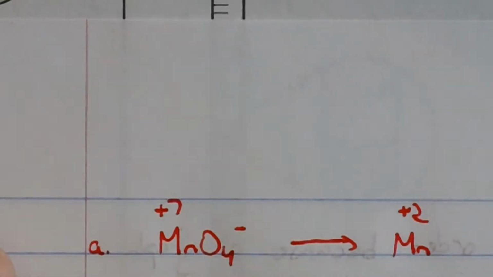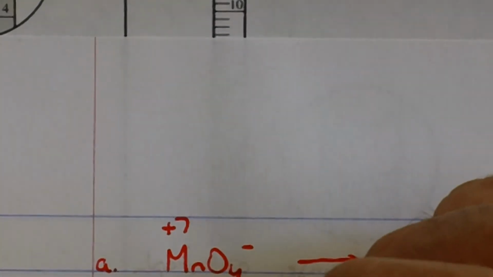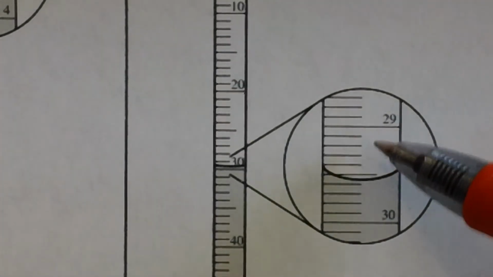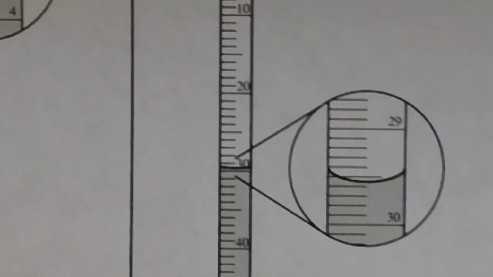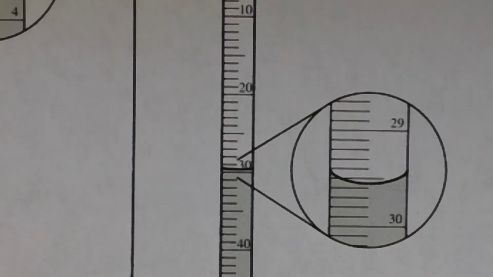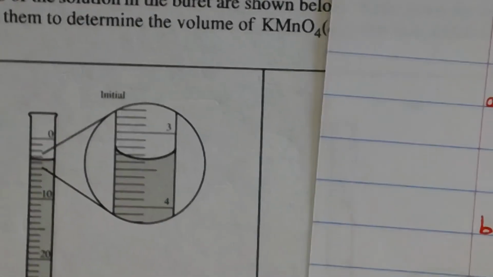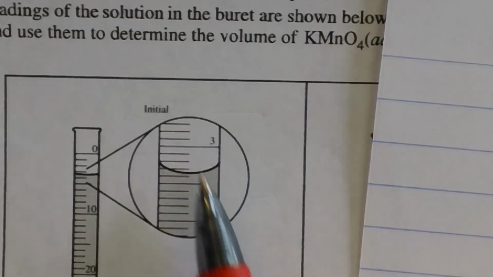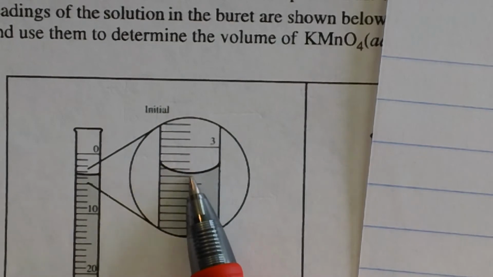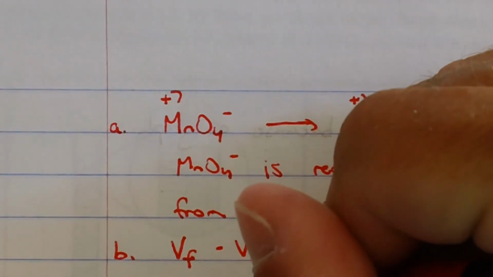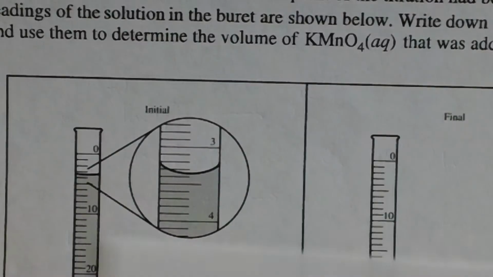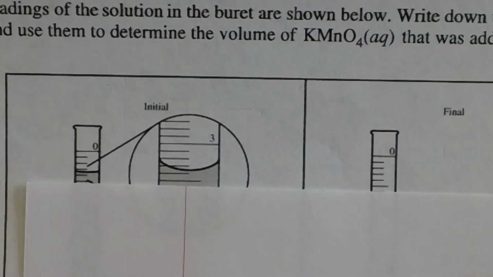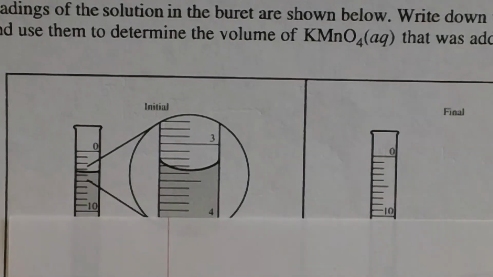milliliters. It wanted the final and initial volumes. Make sure you write them down. This thing is accurate to the tenths place, which means we have to go to the hundredths place when we write this out. The initial, in between 3 and 4, is 3.3, and then I'm going to guess that guy is a 5 as well.